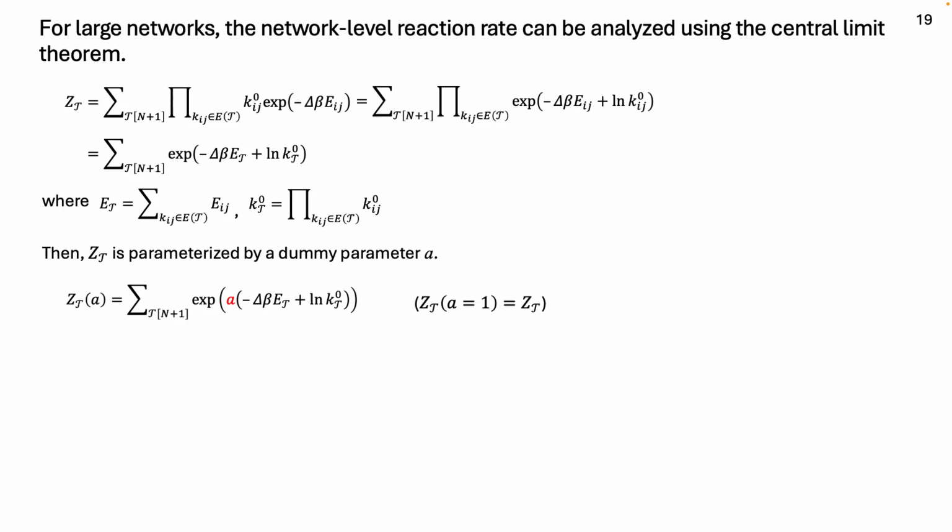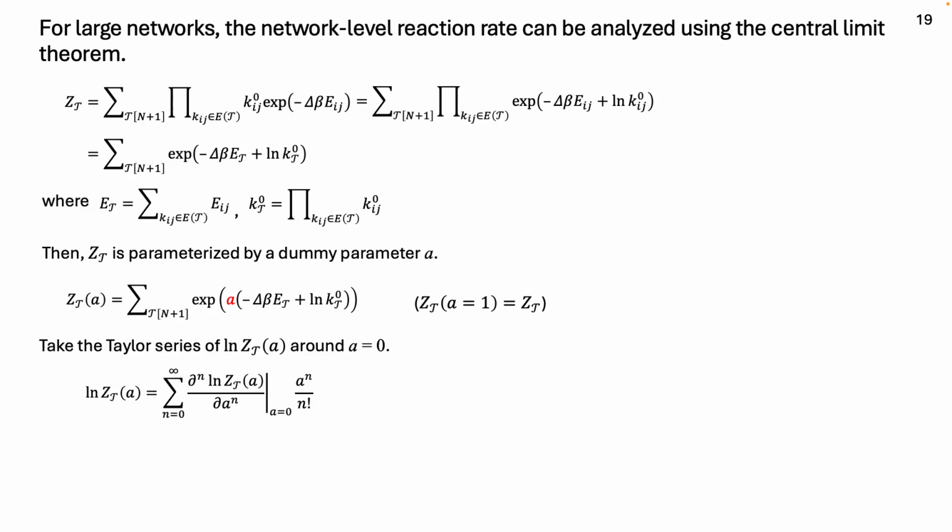That's why, to analyze, we introduce this dummy parameter. And take the Taylor series of log of ZT of A around A equals 0. And log ZT becomes here.